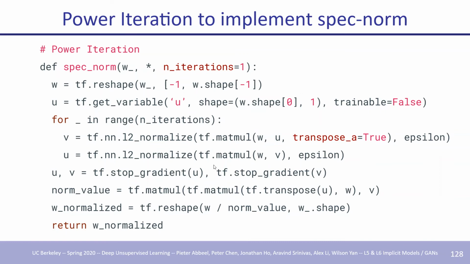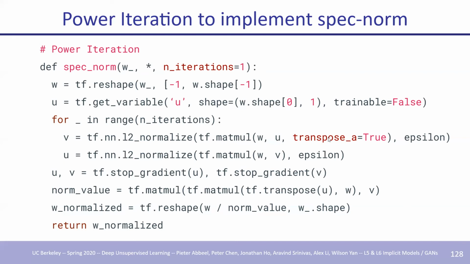Since W is not a square matrix, you can't do the power method. You can't just multiply A by X, then by A again and again, because it's not square. So the way to get the singular values is to have two different vectors, V and U, of different sizes, so you can go back and forth.